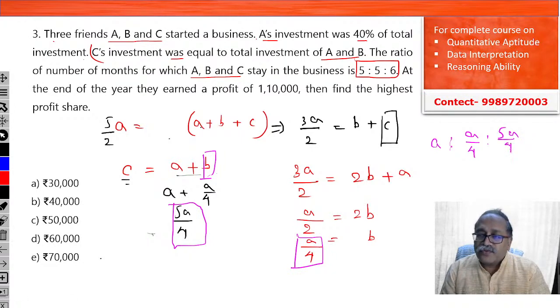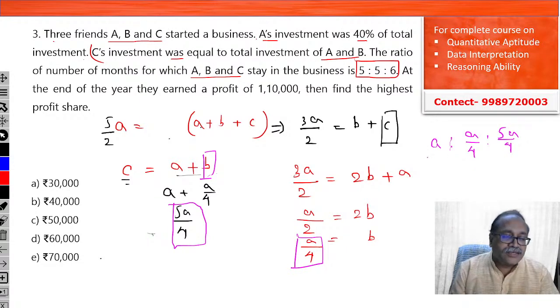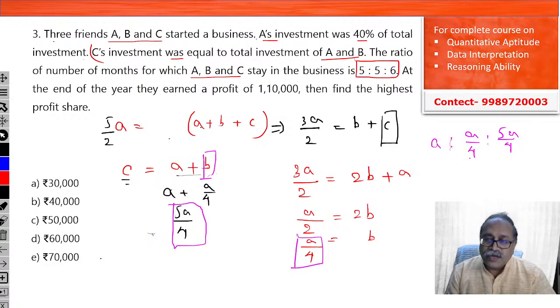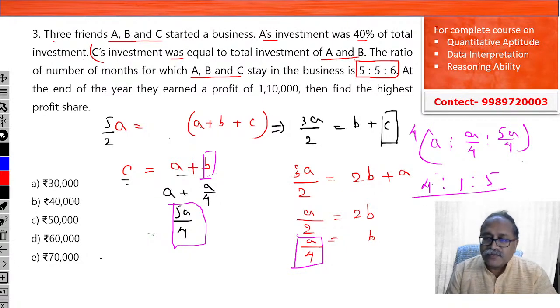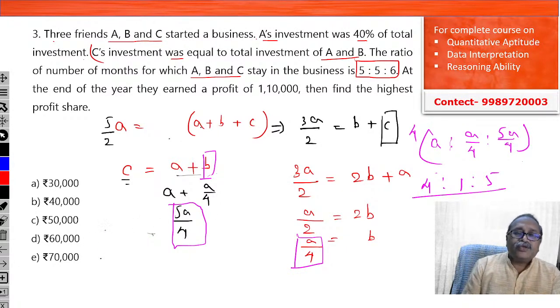5A by 4. So when you take the LCM of these, the LCM is 4. So 4 multiply कर दीजिए 4 से ये सारी चीज़ों को. So you will be getting 4 here, 1 here, and 5 here. So I am getting a ratio of 4 is to 1 is to 5. Okay.